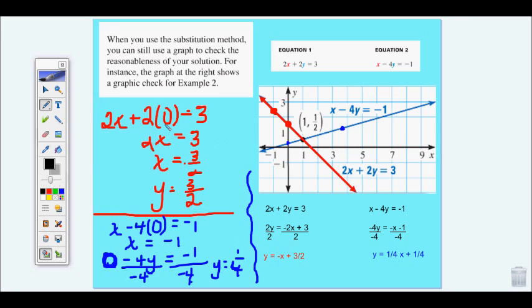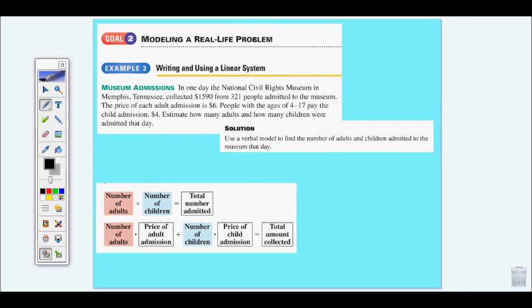I also did a quick graph here by substituting 0 in for y, and then I got that x would be 3/2 and y would be 3/2. Again, those are hard to get exact. So using the Desmos, you would be able to find those exact to check your solution after you've used the substitution method to find the solution.